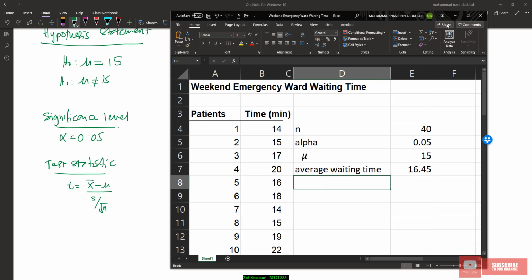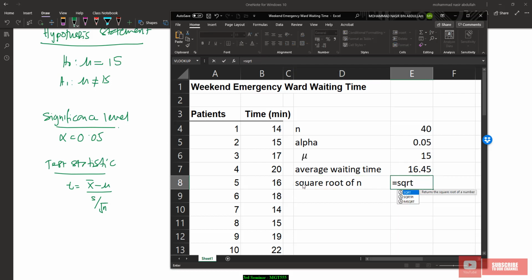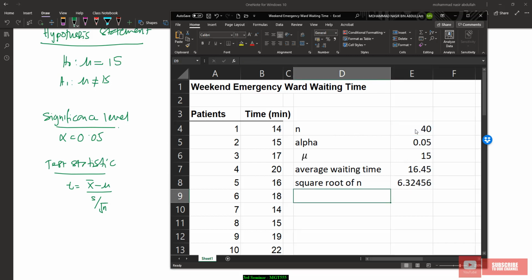And remember, the formula requires us to find the square root of n. The square root of n is SQRT, our n is equal to 40, and we close the bracket. We got 6.32456.